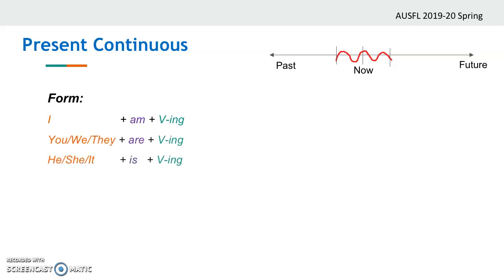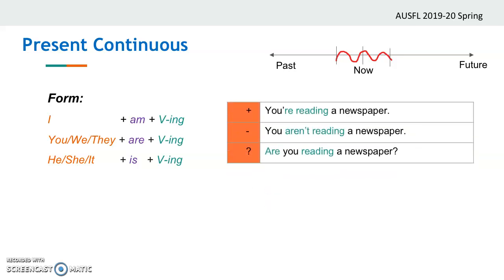So it's subject plus am, are, or is plus verb ing. In the table, you'll see an example sentence in the present continuous in affirmative, negative, and question forms.